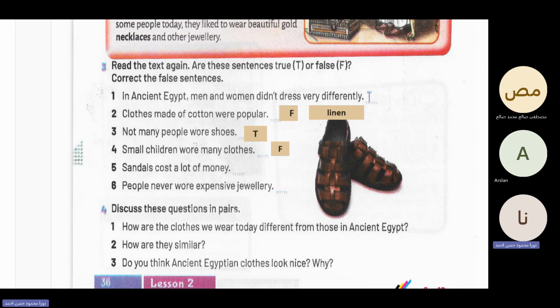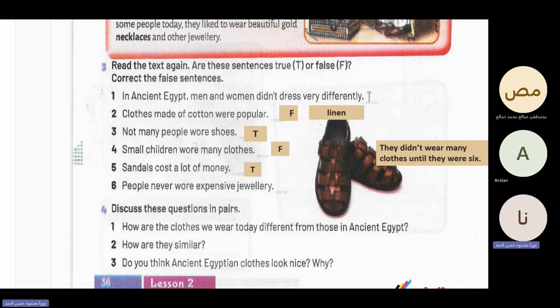Yeah, it's false. Why? Because children did not wear many clothes until they were 6. What about number 5? Sandals cost a lot of money. Did they wear expensive sandals? Yeah, of course, true.